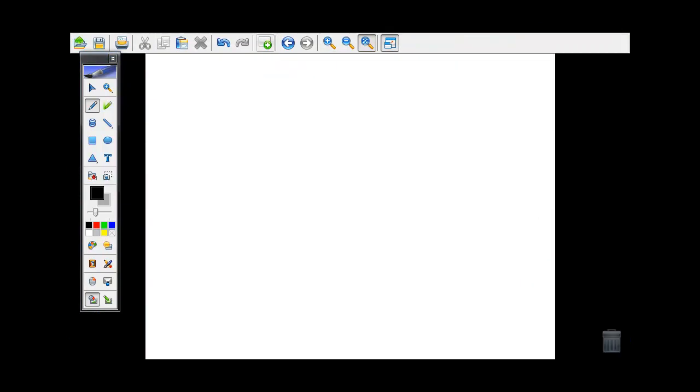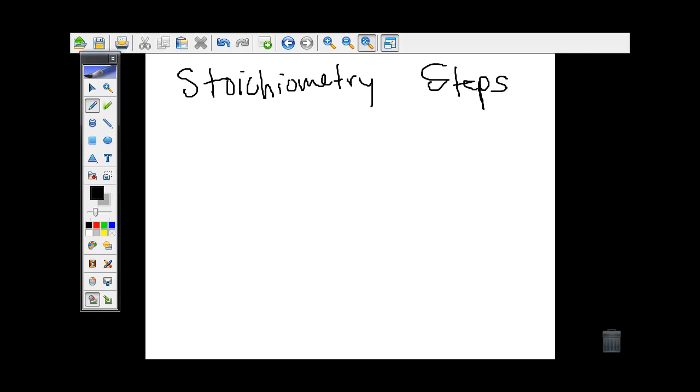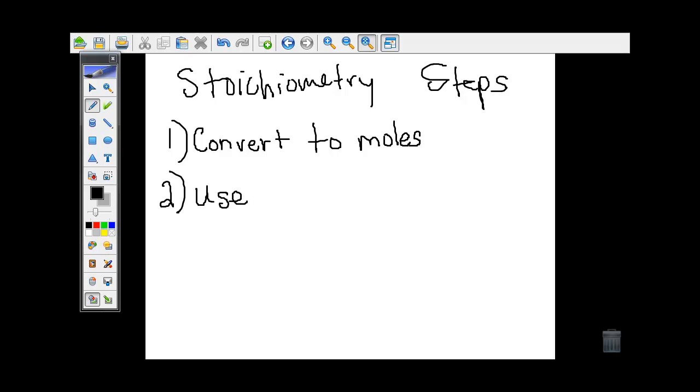So let's add a step. So what are the stoichiometry steps? I've only got 1 minute, so I have to hurry. Step 1 is going to be convert to moles. What if you're already in moles? Skip step 1. Step 2, use the mole ratio to convert to what the problem asks for.